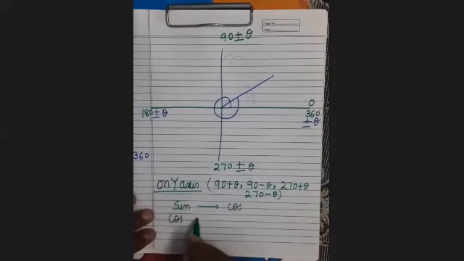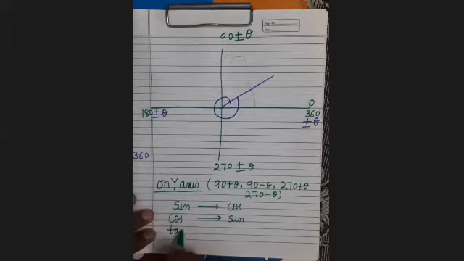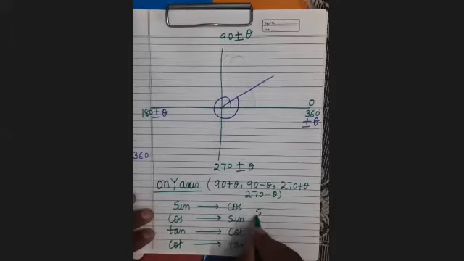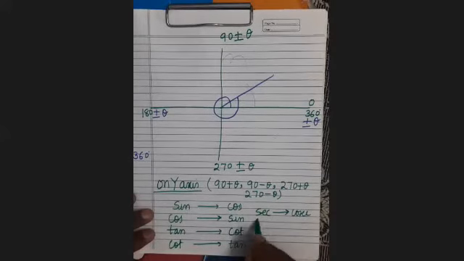Cos changes into sine. Tan will change into cot, and cot will change into tan. Sec will change into cosec, and cosec will change into sec. All of you remember this thing.